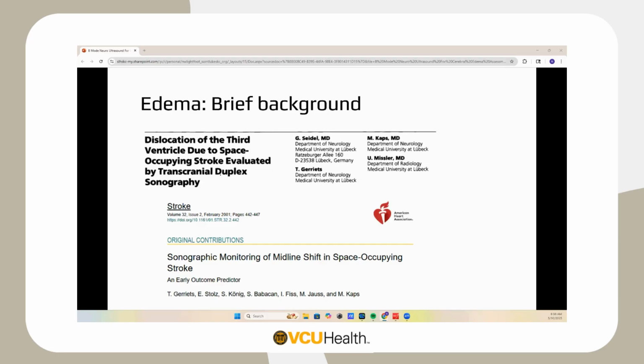These measurements obtained on the ultrasound were compared to their correlating head CT and were found to be very accurate. And so I'll dive into that accuracy in these next two studies, which were more recent, but they were done on two large case reviews.